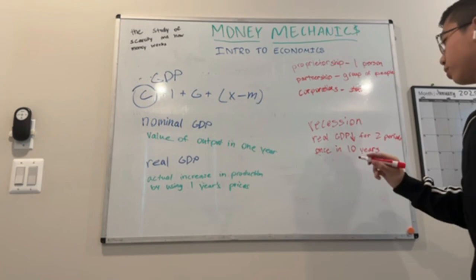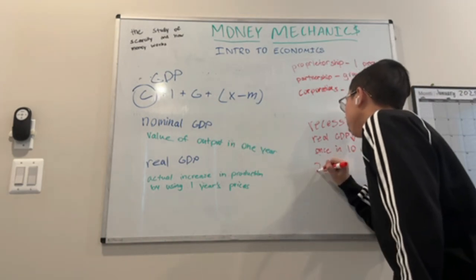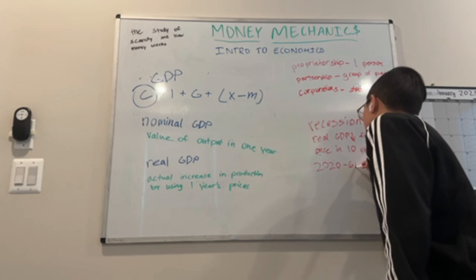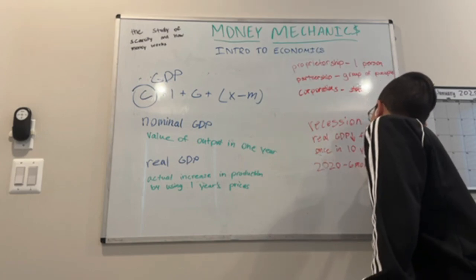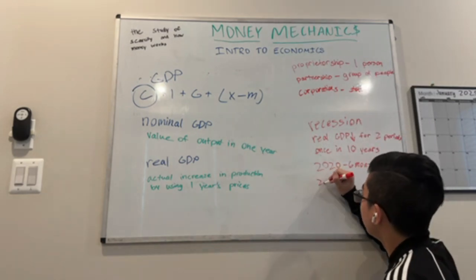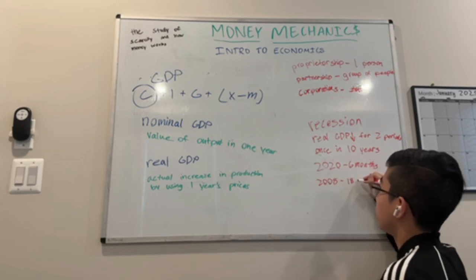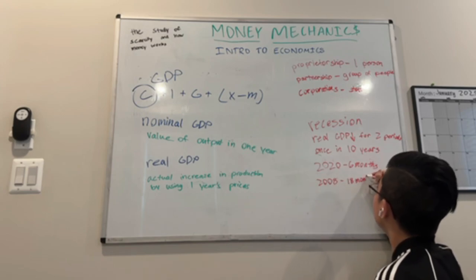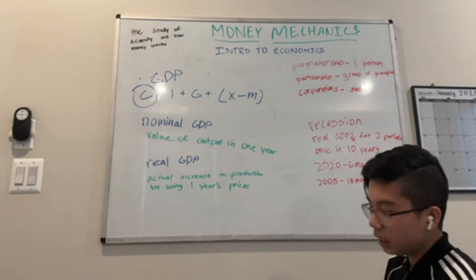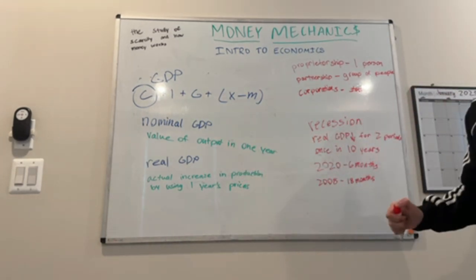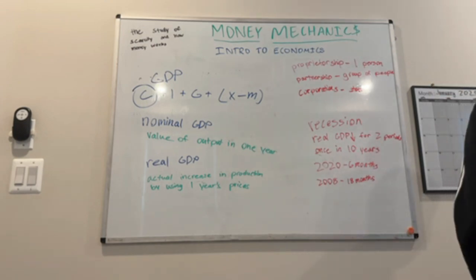The last recession was the coronavirus recession, which was in 2020. That lasted for 6 months. Well, the 2008 recession was for 18 months. This one was a really bad recession. The government does their best to make sure recessions don't last that long, because during a recession, there's a lot more unemployment than there should be.